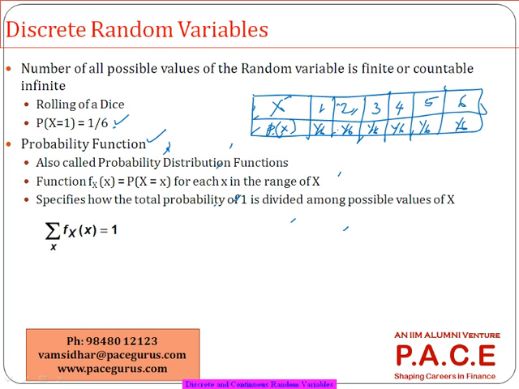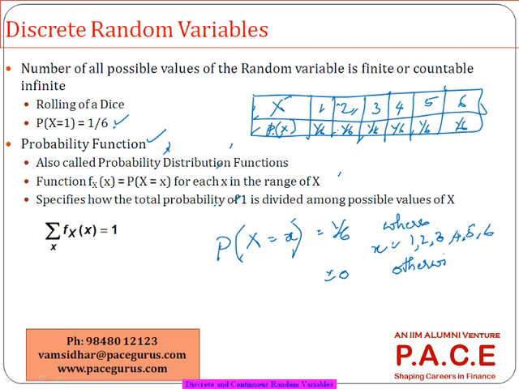You have to be slightly comfortable with some of the notations. What people will write is probability that x equal to x is equal to 1 by 6, where x equal to 1, 2, 3, 4, 5, 6. And this is equal to 0 otherwise.